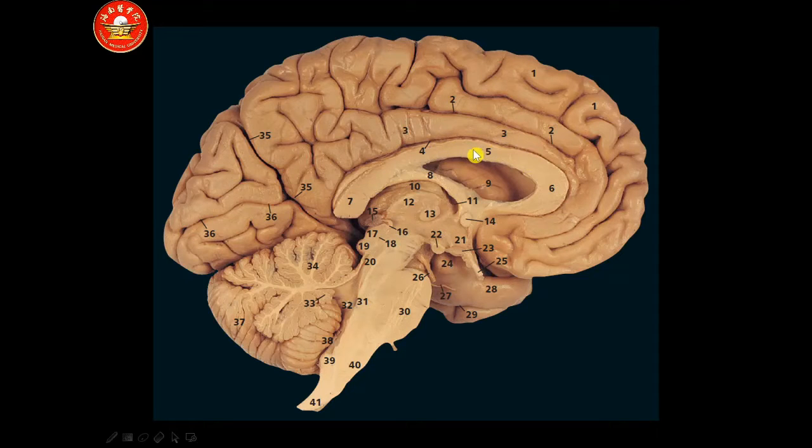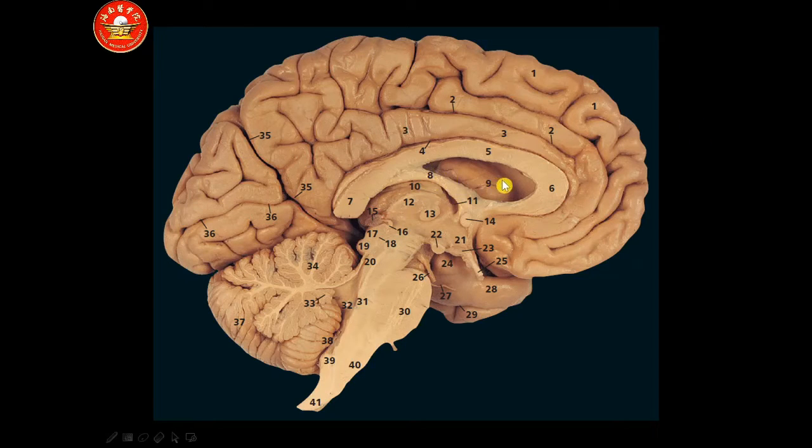Number 5 is the corpus callosum, the body of it. Number 6 is the corpus callosum genu. Number 7 is the corpus callosum splenium. Number 8 is the fornix.